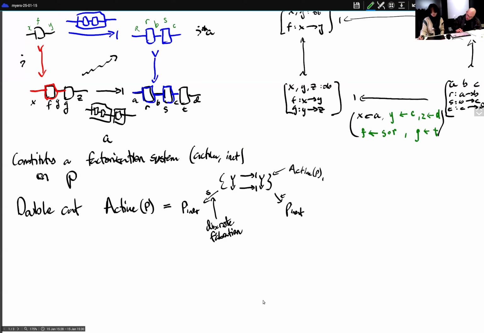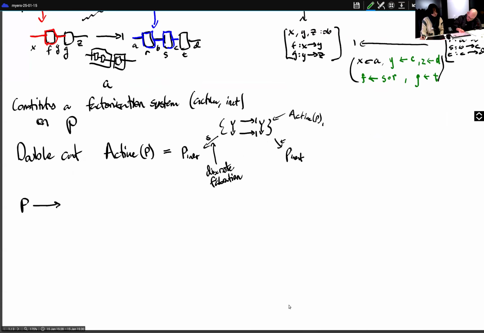Okay, so now, if we take a functor P to Set, L, such that L satisfies, or by the way, I'll name this here inert. Let me call the inclusion of inerts into P J, not I, J, to match my notes.